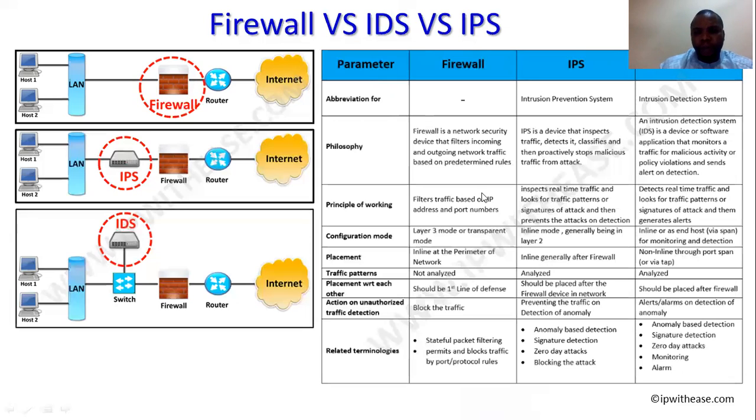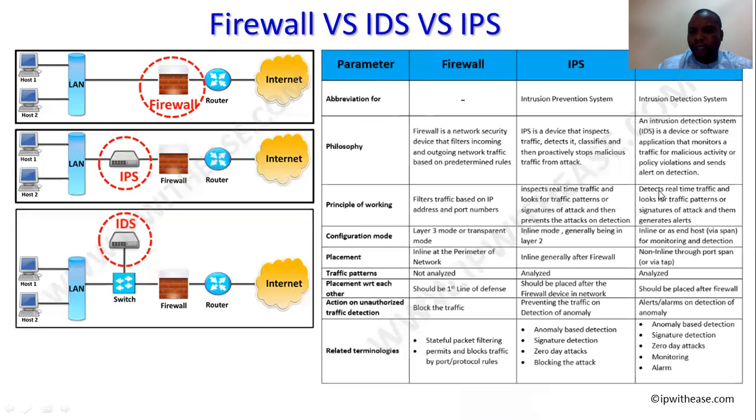Now let's look at the principle of working. Firewalls filter traffic based on IP address and port numbers, whereas the intrusion prevention system inspects real-time traffic and looks for traffic patterns or signatures of attack and then prevents them on detection.